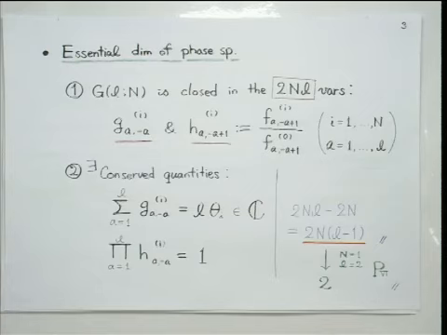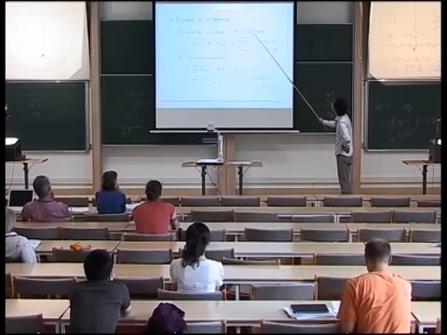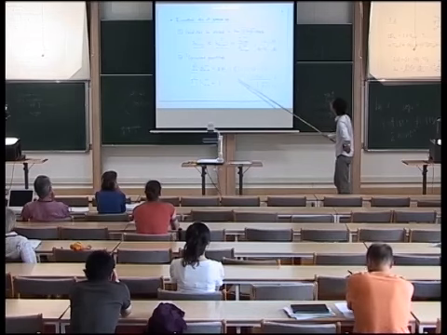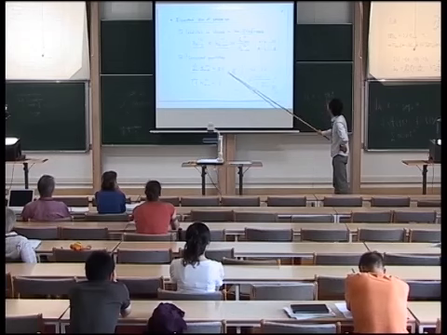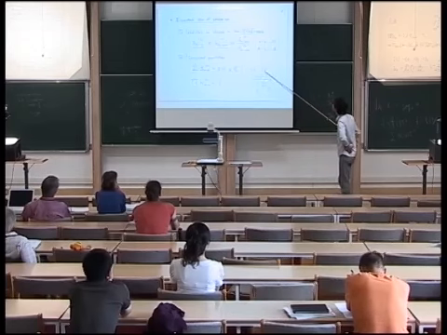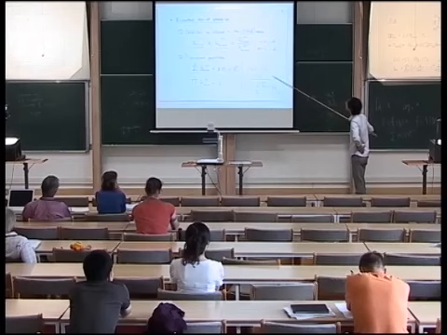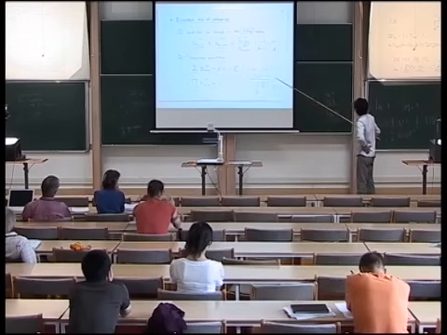Also, we can find conserved quantities written like here. So originally, the dimension is 2nL, and we find 2 times n conserved quantities. So the essential dimension of phase space is 2n times L minus 1.